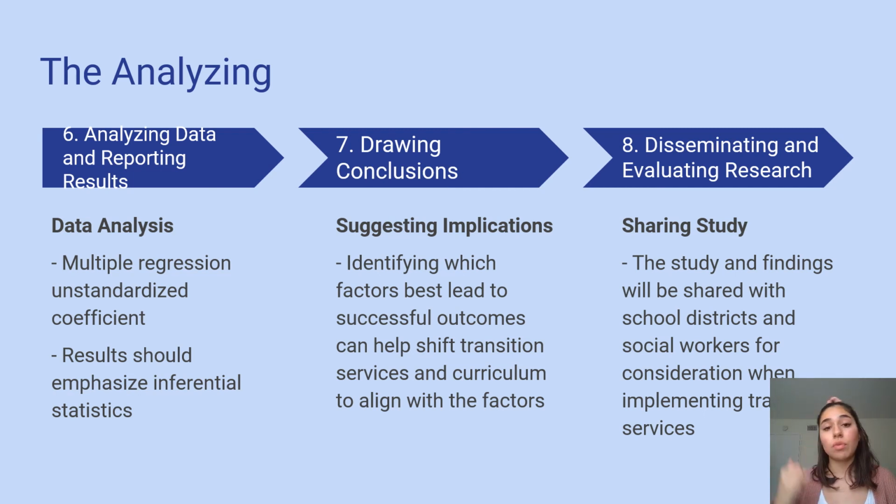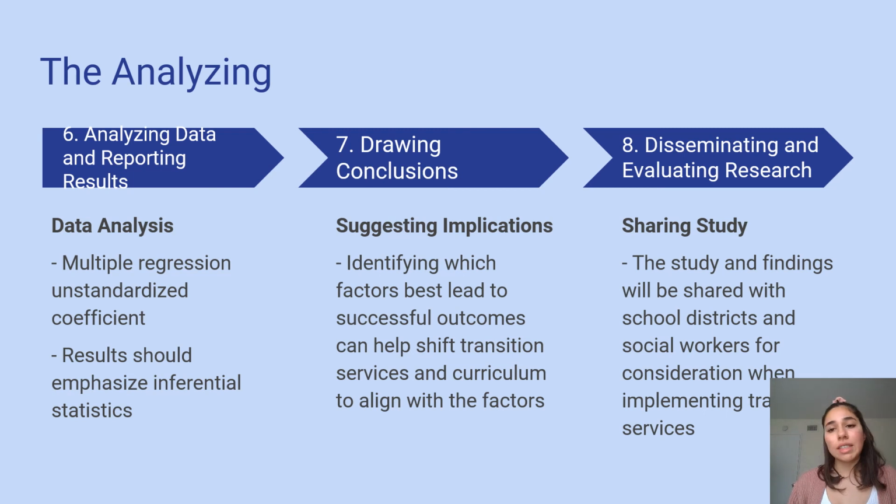For step 7, when we're drawing conclusions, we're looking at the implications. So essentially the implication is that we are identifying which factors will best lead to successful outcomes, and then using that information to help shift our transition services or our curriculum in transition to kind of align with the factors to create the best scenario for students who are foster youth with disabilities.